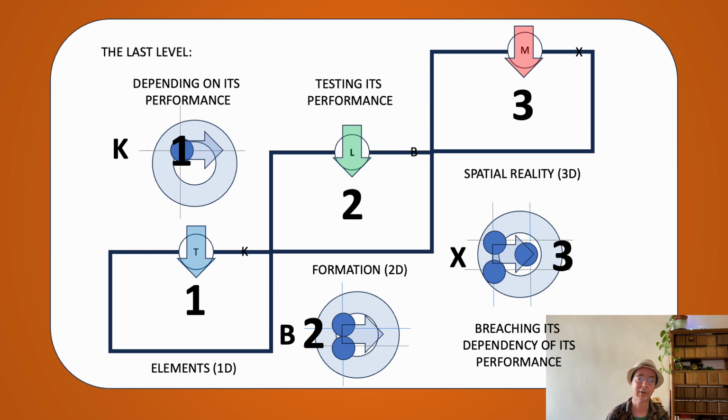And in the last level, the level of the 3 dimensions, the X is also breaching its dependency of performance, because there it says, does it still fit in my logic and in the limits of this space? It already tries to go further, go beyond it. It already no longer fits very well, but it will find its own continuation.